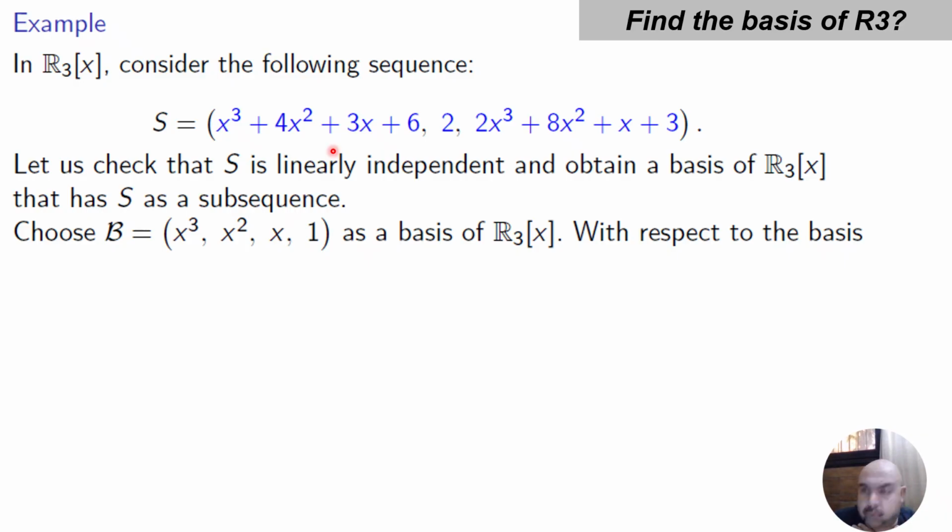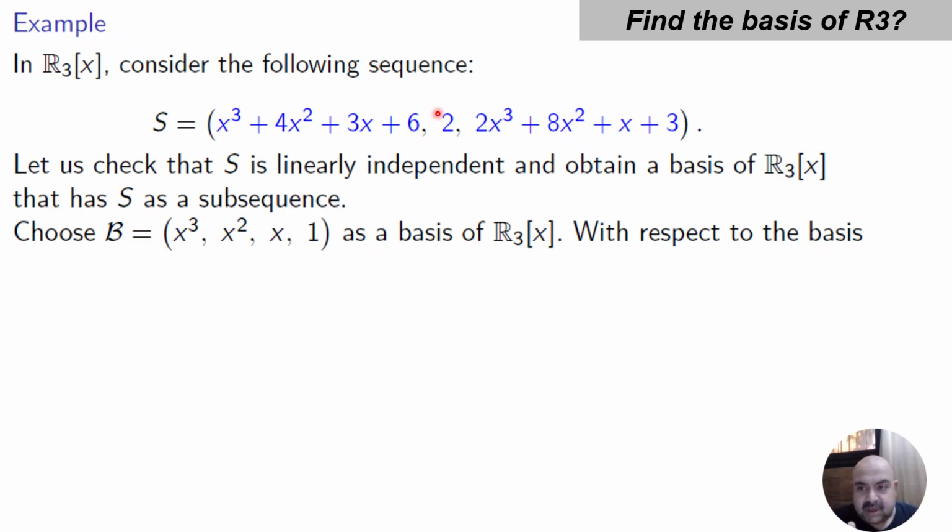So I will go for taking the vectors that are going to form the R3 of X as x cubed, then x squared, then x, then 1. And I will consider the coordinates, which are 1, 4, 3, and 6.